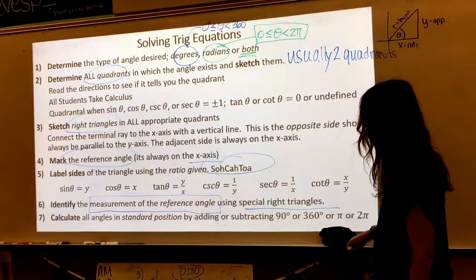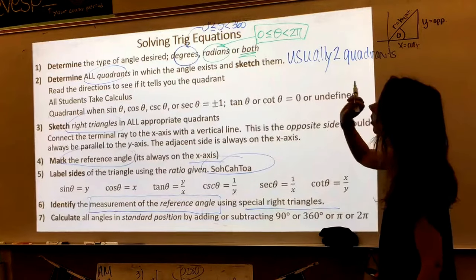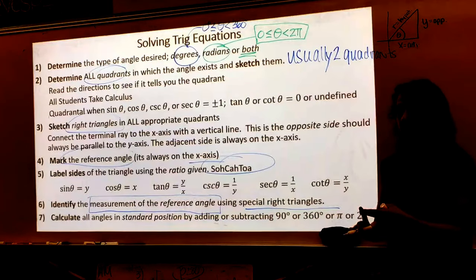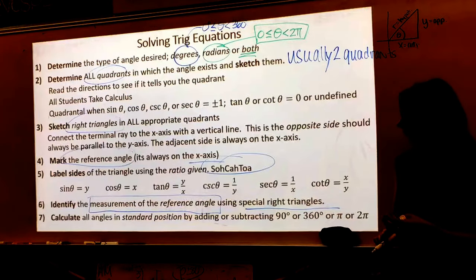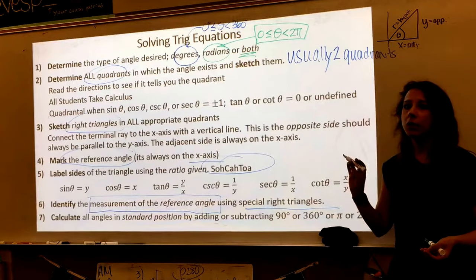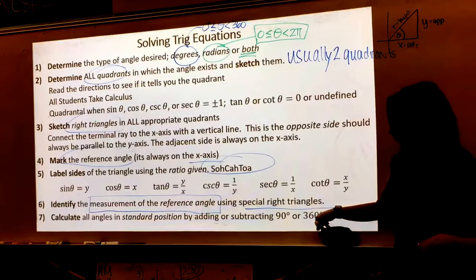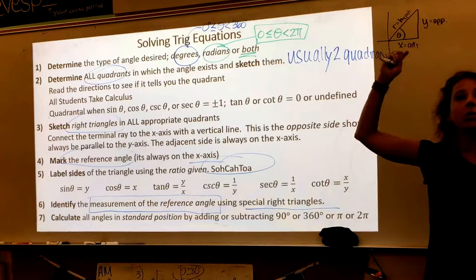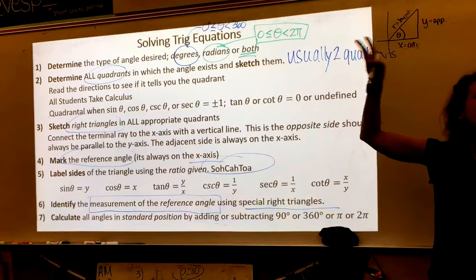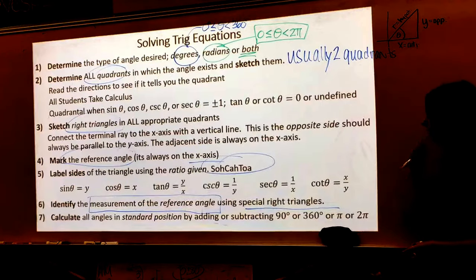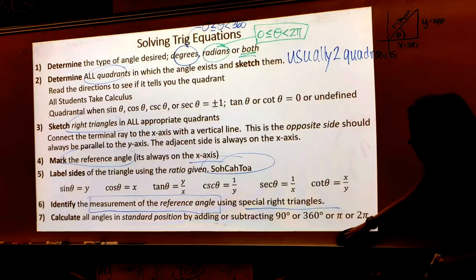Okay, so your reference angles are always going to be 30, 60, 45, or it could be a quadrantal, 0, 90, 180, 270, or 360, okay? Or if it's in radians, it's going to be pi/3, pi/6, pi/4, or any of the quadrantals, like 0, pi/2, pi, 3 pi/2, 2 pi, okay? But I'll show you guys how to get those.